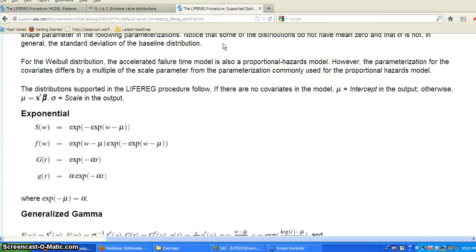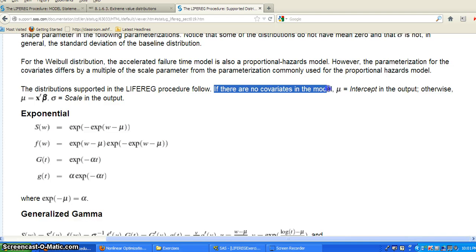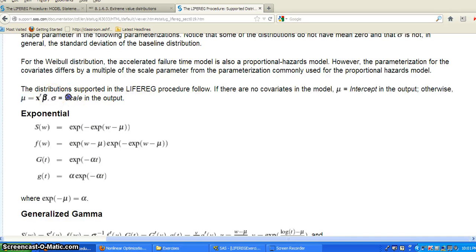when we only fit, so in the distributions supported by the LIFEREG procedure below, if there are no covariates in the model, then mu is the intercept in the output, and sigma is the scale in the output.